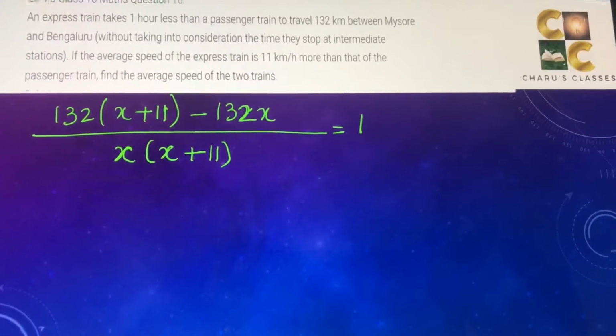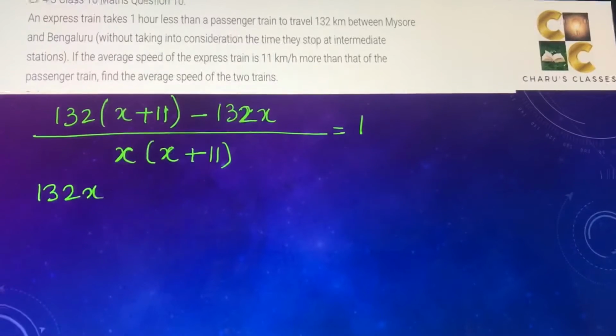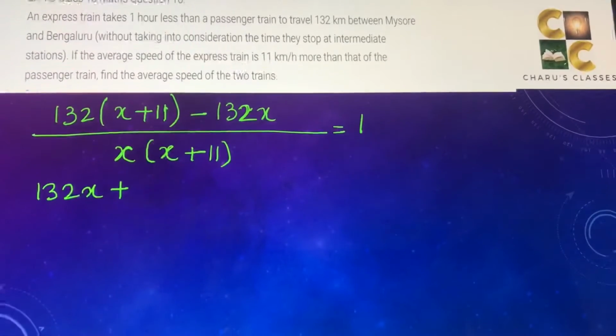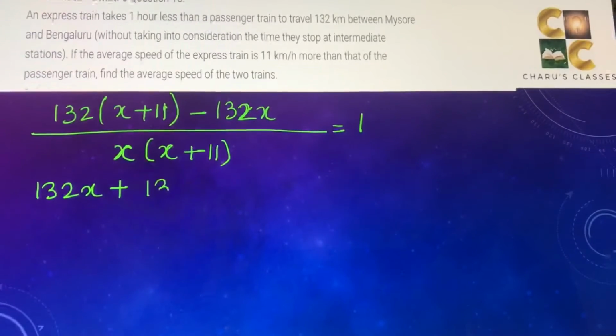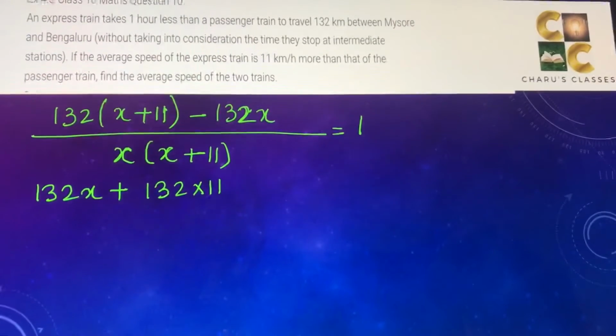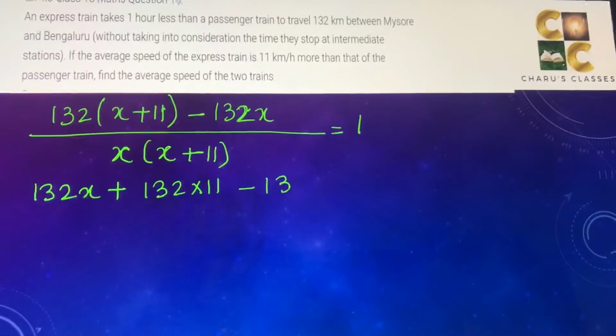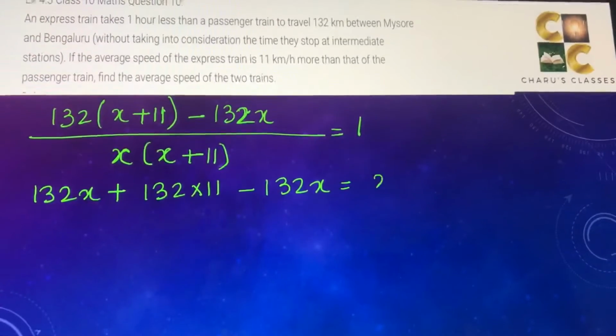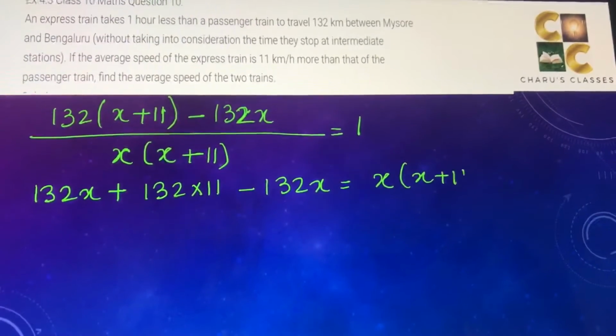This is equal to 1, or 132x plus 132 into 11 minus 132x is equal to x into x plus 11.